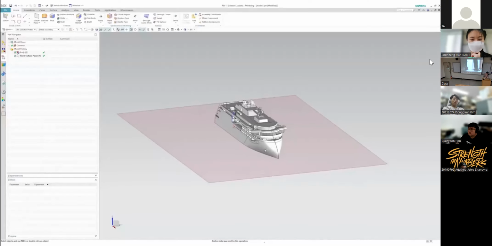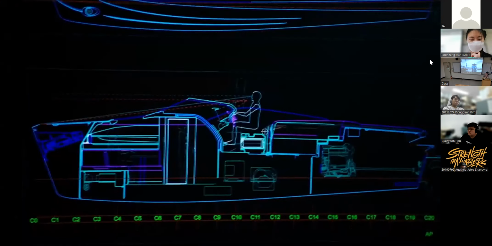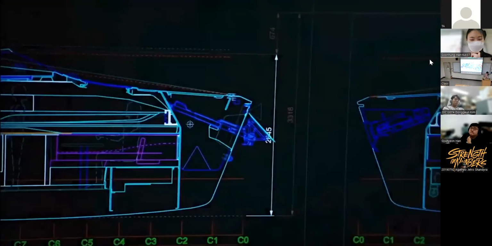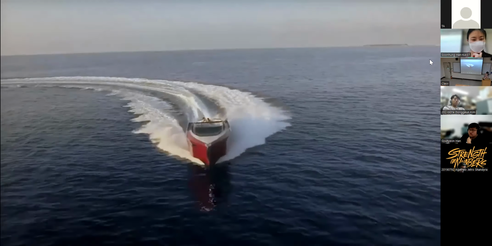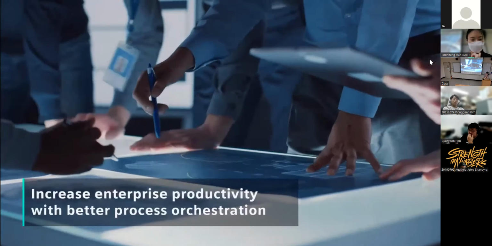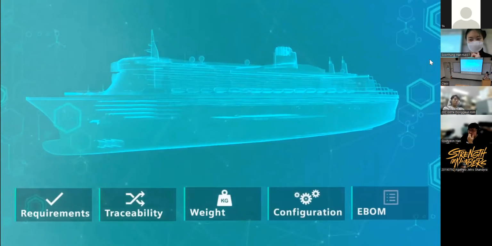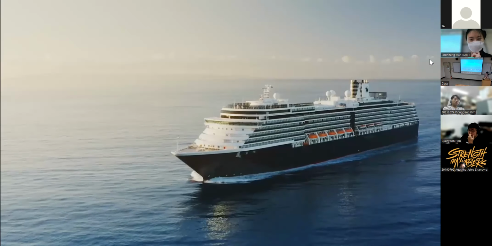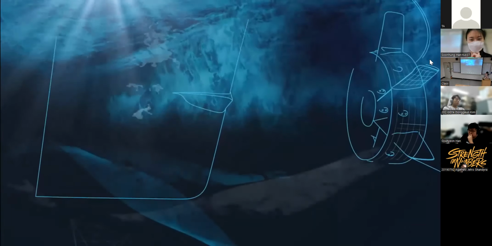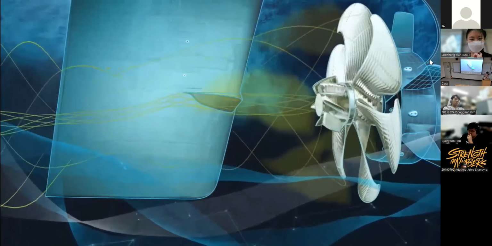From the very start of your project, understand, explore, optimize, and test any aspect of ship performance, from individual components to full systems. Break down the silos in your current approach with better process orchestration. Increase overall enterprise productivity by managing requirements, traceability, weight, configuration, and the EBOM in a centralized environment. Adopt an integrated approach to ship design and engineering and get ready to go full steam ahead on the seas of tomorrow. Siemens.